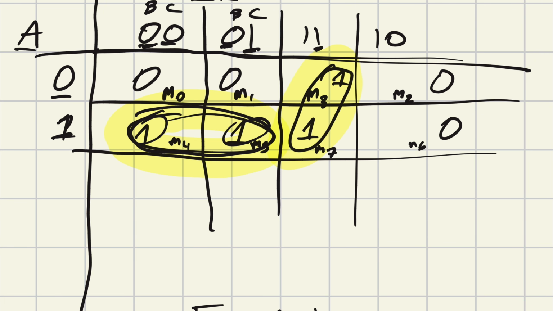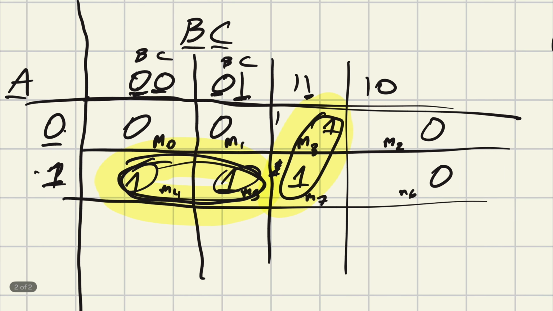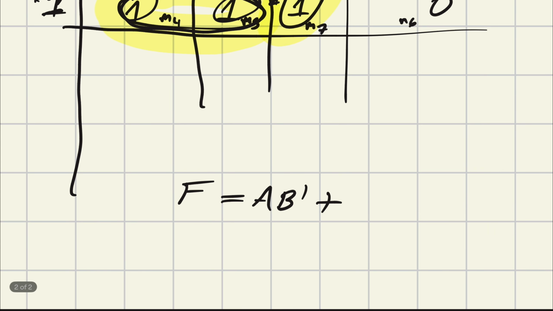And first, we're going to look at A. Now notice between this square and this square, A is changing. A is going from 0 to 1. So we can't write A as a term, it's changing. However, between these two, B and C are not changing. They're remaining 1. Both of them are remaining 1. Nothing else is changing. We've covered all variables, so we know that the next logic expression term would be BC.